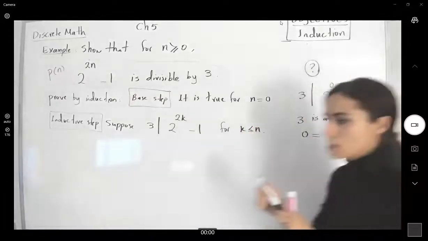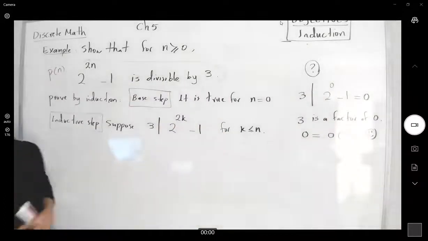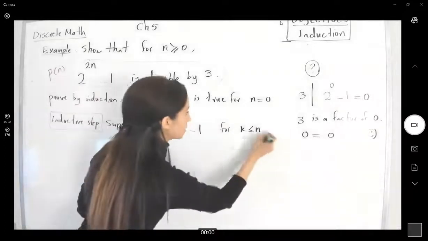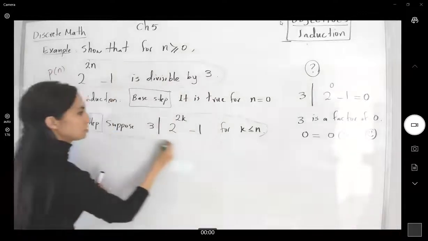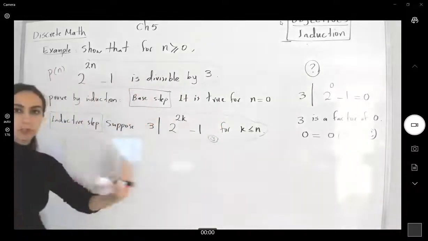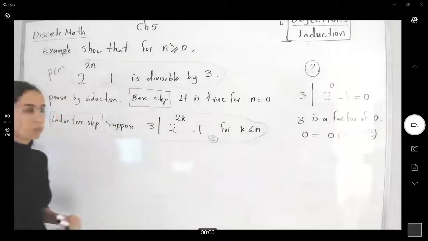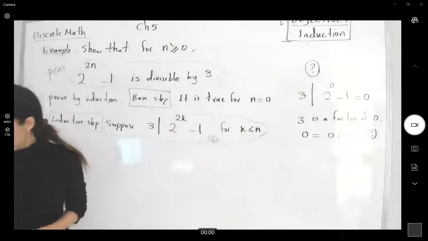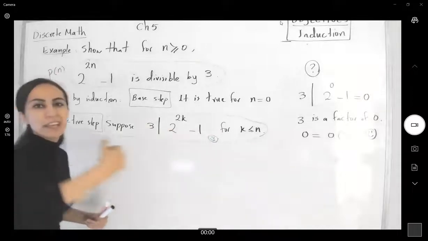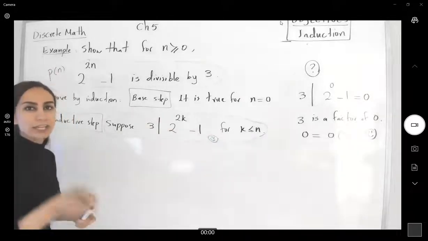Suppose this is true, and I'm going to put this as a true statement in a green color. We know this is true. We don't have any problem with that. What are we going to do? We're going to show that this is true for the next number, k plus 1.